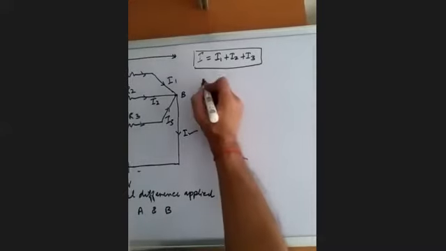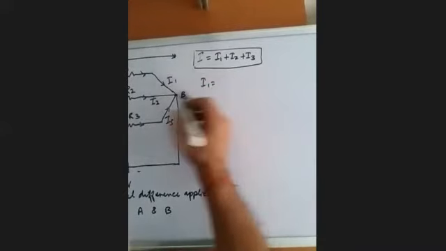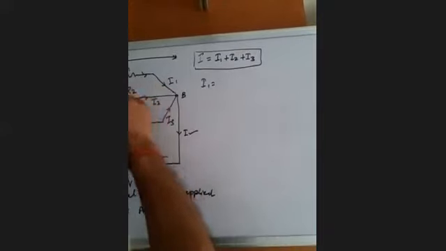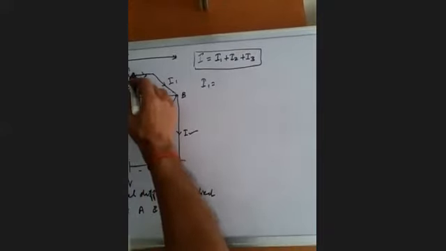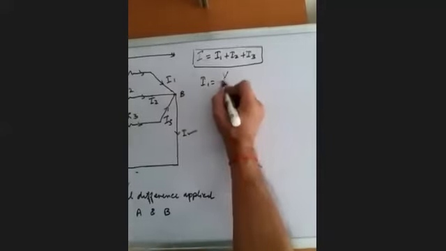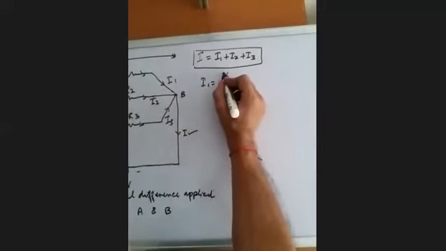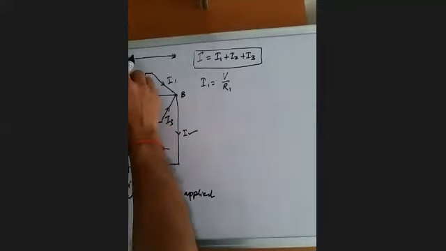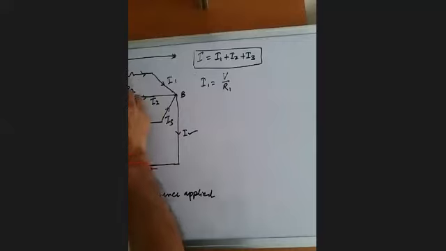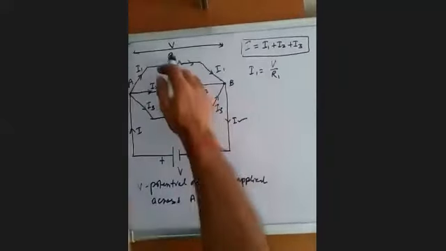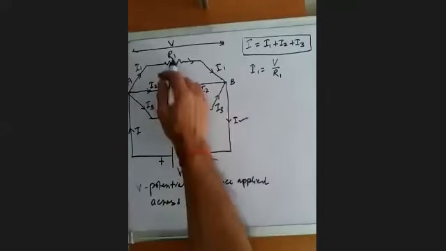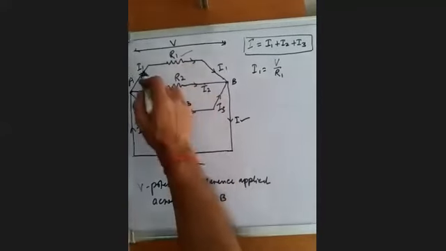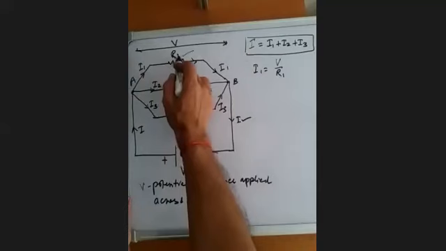Now what is the value of I1? We can find out I1: the potential difference is V across R1, and the resistance is R1.